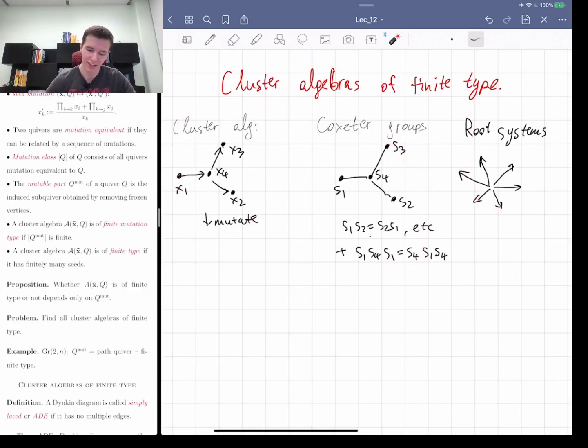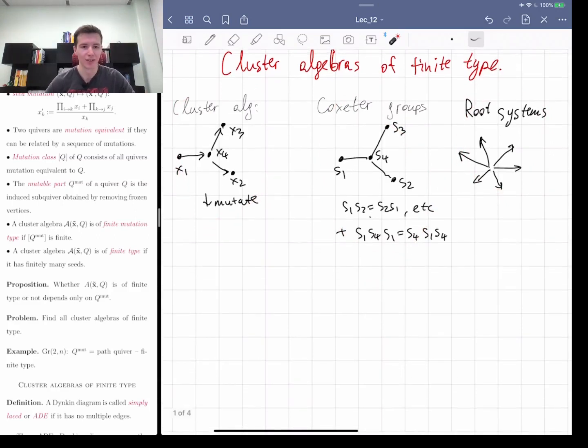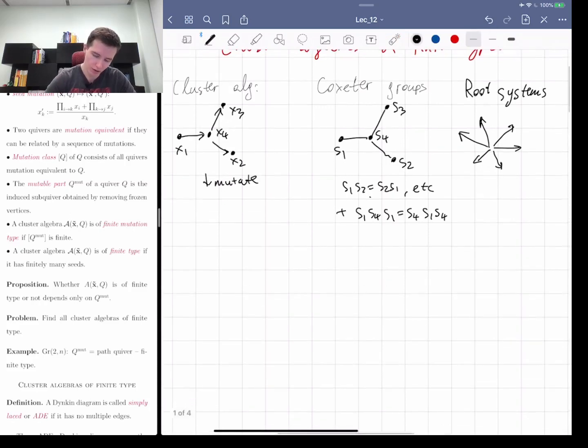Okay, enough with that. Let me try to explain the result. So first, I'm going to restrict to a particular class of Dynkin diagrams. So, definition: a Dynkin diagram gamma is called, well, there are usually two different words people use for this.